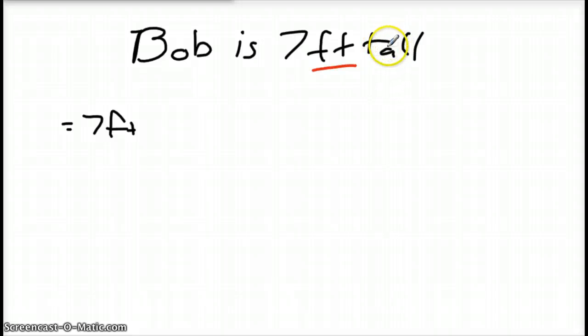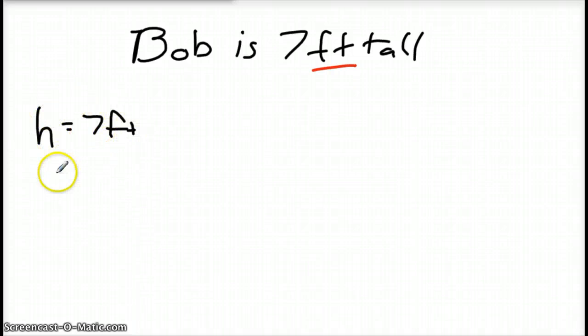Now, I'm not just measuring, say, how wide he is or how long he is from a place. I'm measuring his tallness or his height. This is important information. I have just now listed Bob's height is equal to 7 feet.